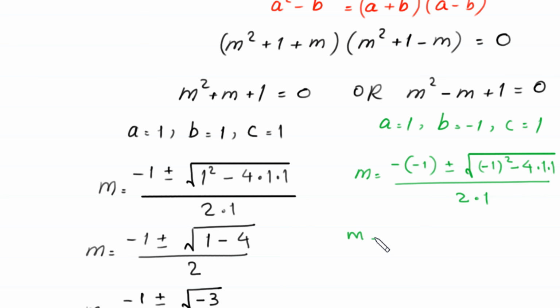Next, m is equal to negative times negative 1, which becomes positive 1, plus or minus the square root of negative 1 squared, which is 1, minus 4 times 1 times 1, which is 4, divided by 2 times 1, which is 2.